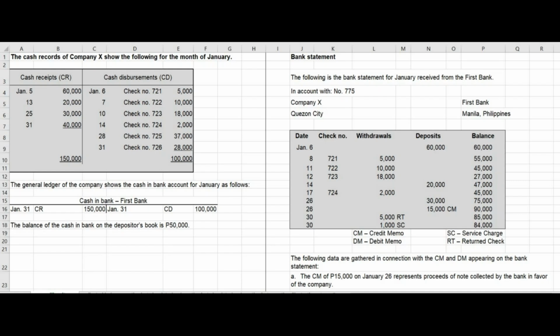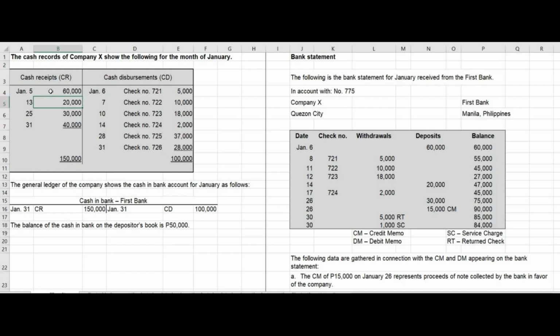So, in actual, ito talaga yung gagawin, no? Gamit ka ng pen or you use something para ma-tick mark mo yung mga items na na-trace mo dito sa book records and sa bank records.